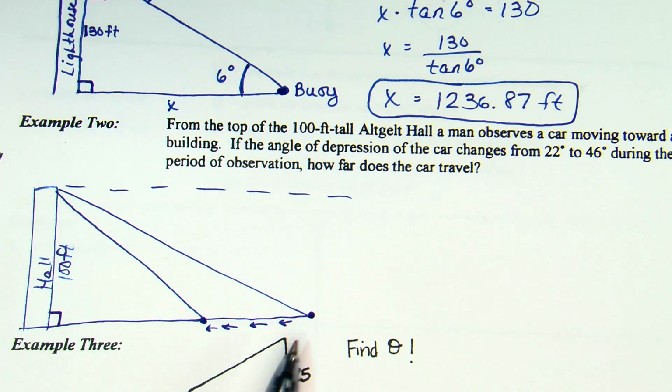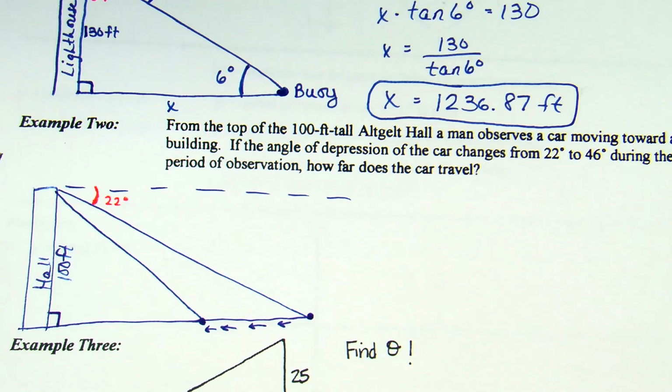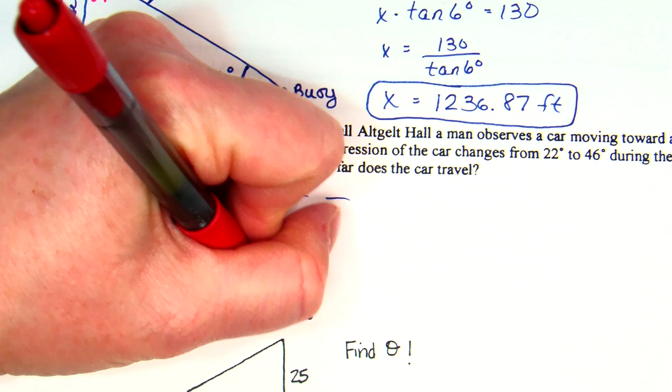Okay, the car starts here, yes? And so the 22 is right there, because that is the first time it sees it. While I'm here, what's that 22 correlate to down below? The smallest angle out here? That's 22 degrees there.